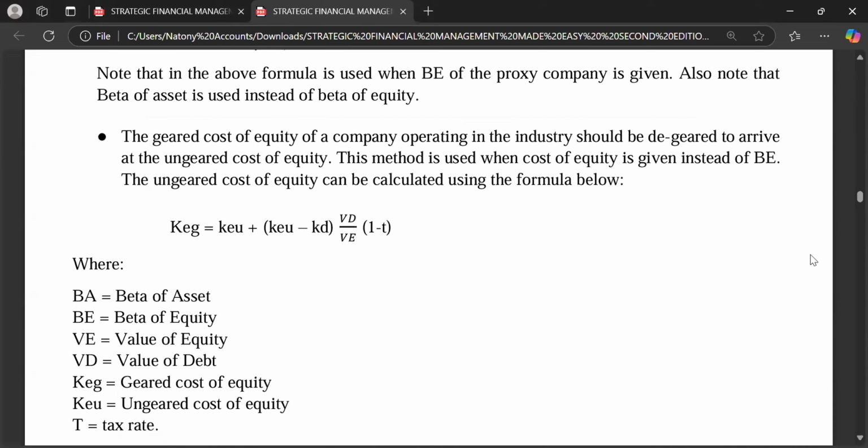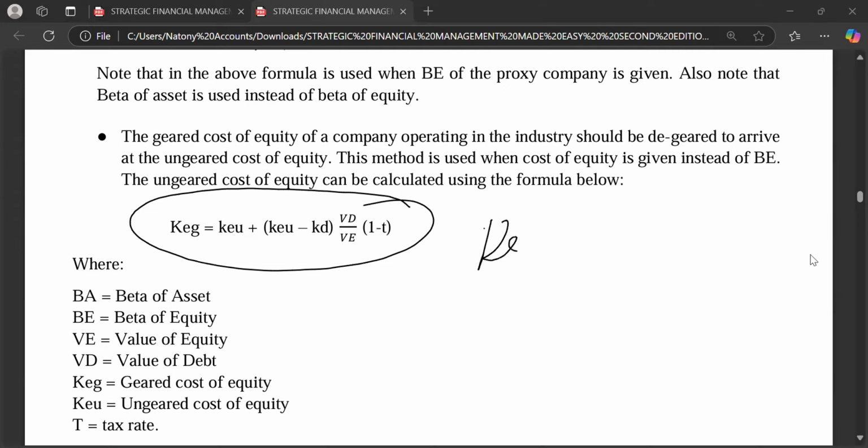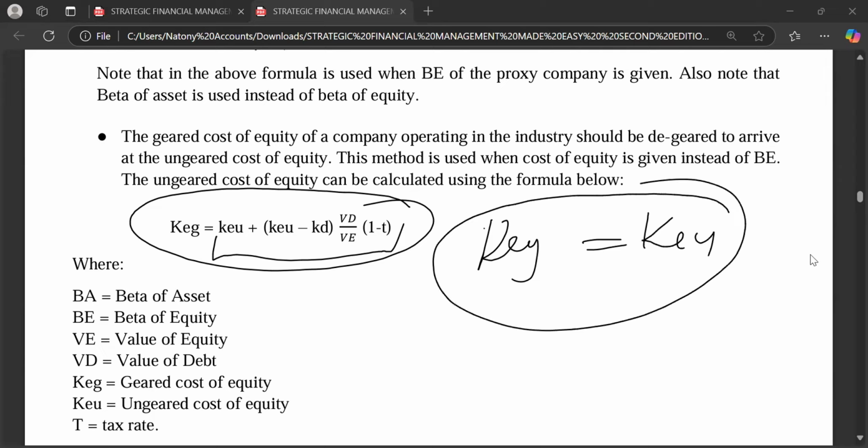So this is the formula for degearing the cost of equity, almost similar to the formula for the beta of equity. So if you have KEG, you degear it using this formula. The moment you degear it, you will have your KEU. So once you've gotten this, immediately you can use it to calculate your base case NPV.